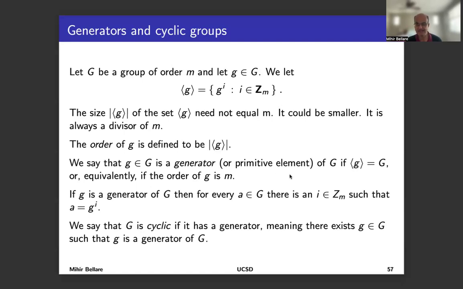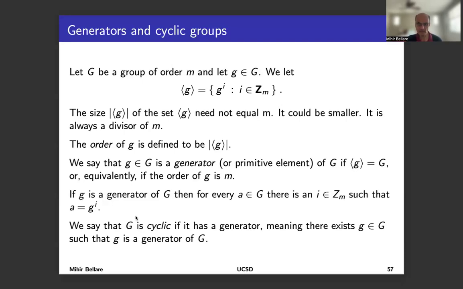Another way of saying that is that every group element can be represented in this form for some value of i. That is, if you know that g is a generator, then every point in the group corresponds to some index, an integer i in the range here, such that raising g to the i will give you back this group element. So that's the definition of a generator.